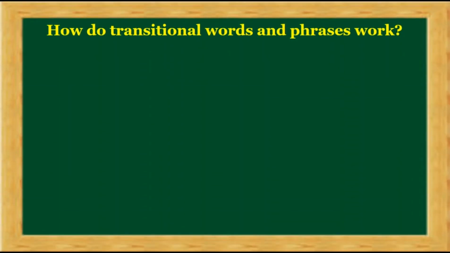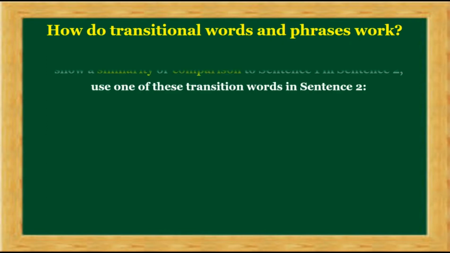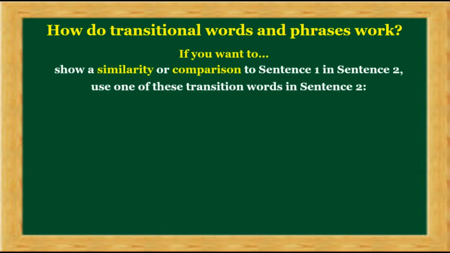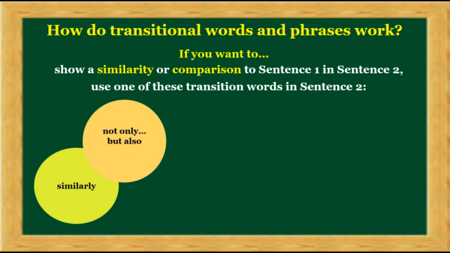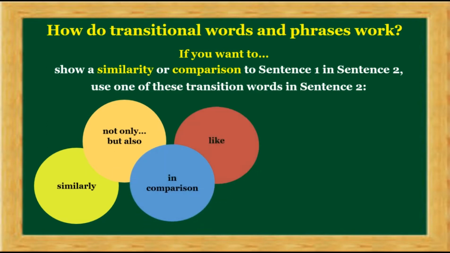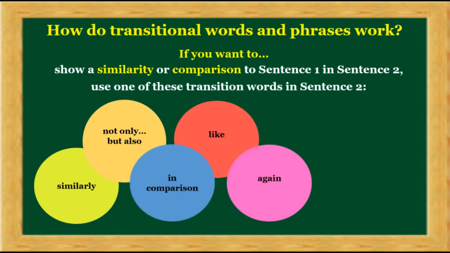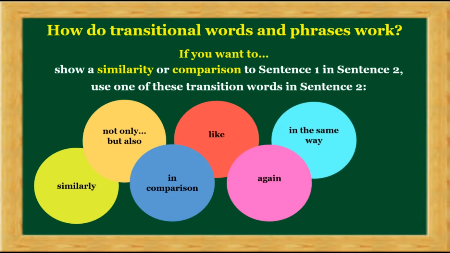If you want to show a similarity or comparison to sentence 1 in sentence 2, use one of the following transition words in sentence 2: similarly, not only but also, in comparison, like, again, in the same way, or likewise.